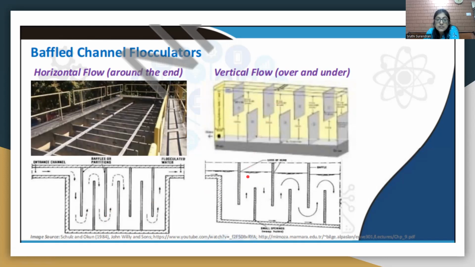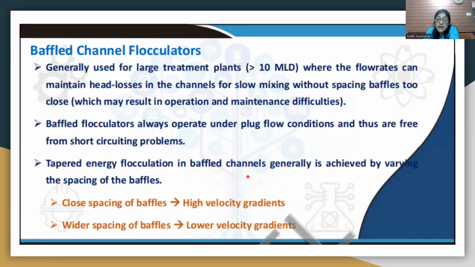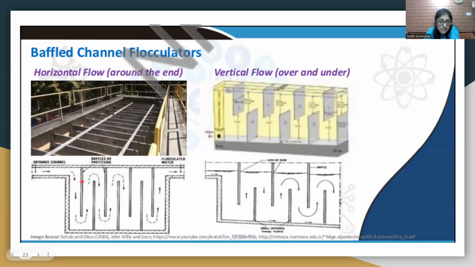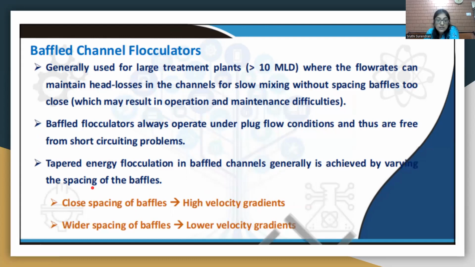So here the question is, what is going to give us high velocity gradients? If the baffles are closely spaced together, we will get a higher velocity gradient, and if the spacing is wider, we'll get a low velocity gradient.